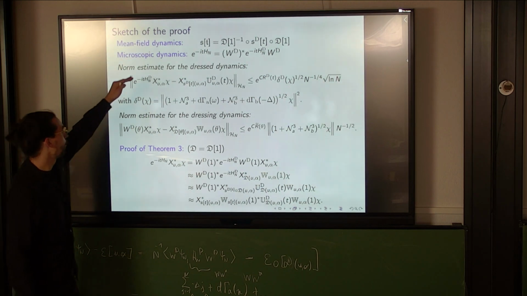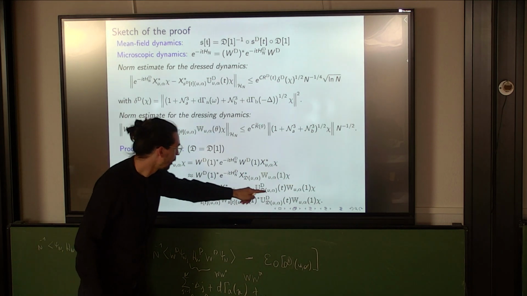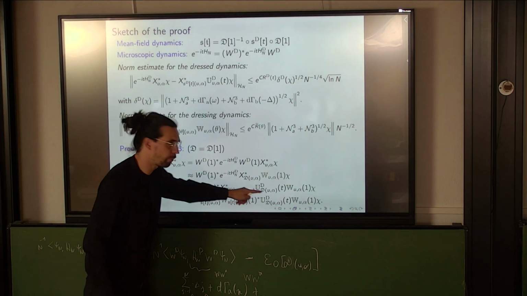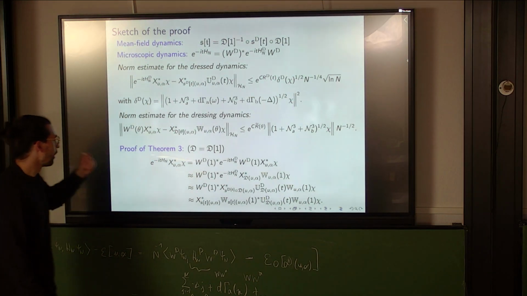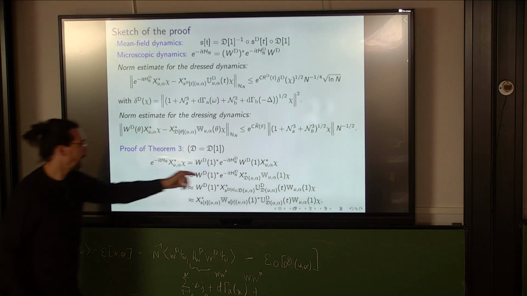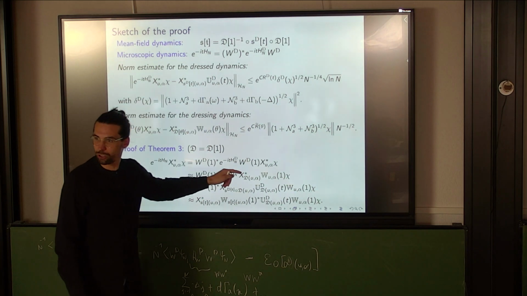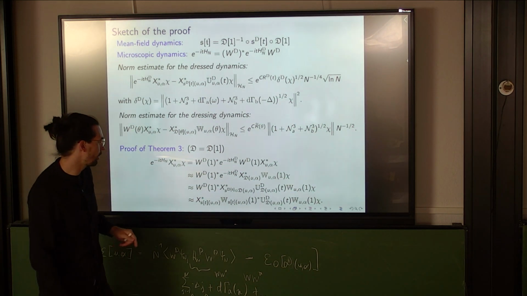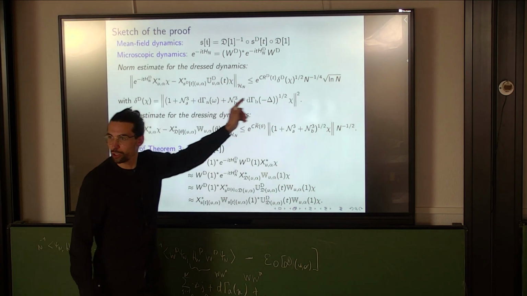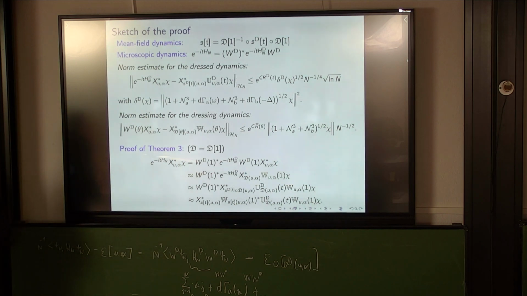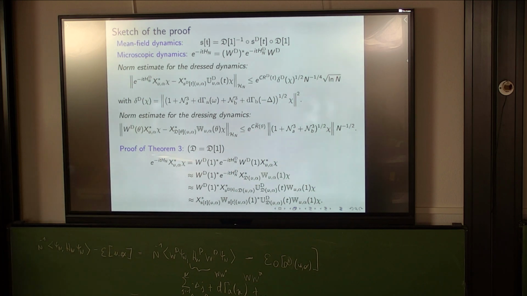Then we can use the first theorem to approximate the dressed evolution here. And here then the dressed Bogoliubov evolution enters. And the reason why in this theorem 3 the operator W appeared is that we first do this approximation here where we get the Bogoliubov approximation of the dressing, we look at these initial states, and if we use this bound of this functional d del d, this then gives rise to the quadratic form delta.